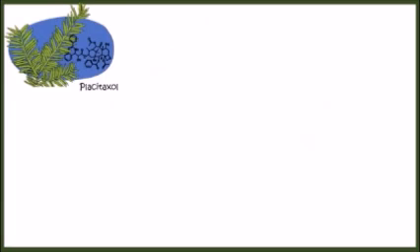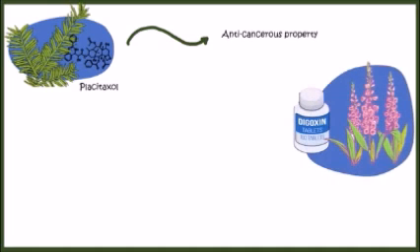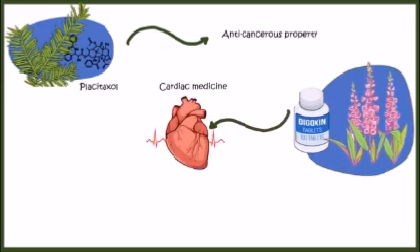For example, paclitaxel, which is derived from a particular plant, has an anti-cancerous property, whereas digoxin is used for cardiac treatment or treatment of cardiac arrhythmia.